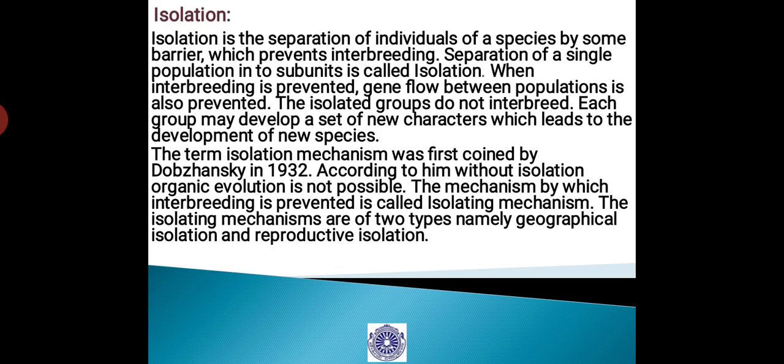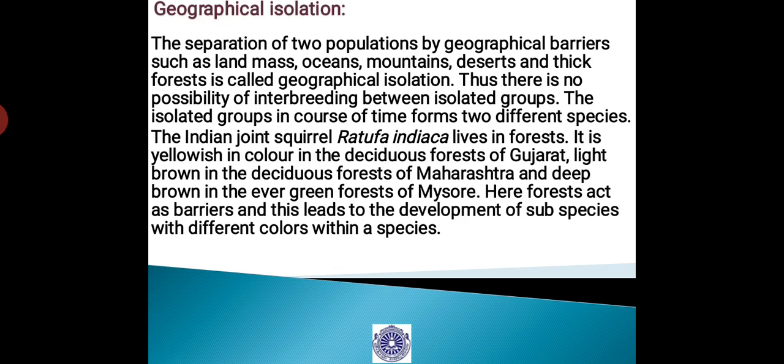The isolating mechanisms are of two types, namely geographical isolation and reproductive isolation. Coming to the first type, geographical isolation, it is the separation of two populations by geographical barriers such as landmass, oceans, mountains, deserts, and thick forest.